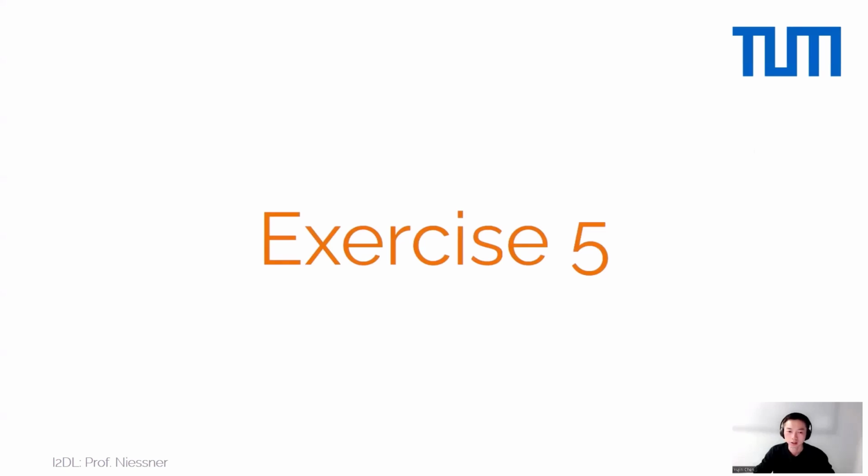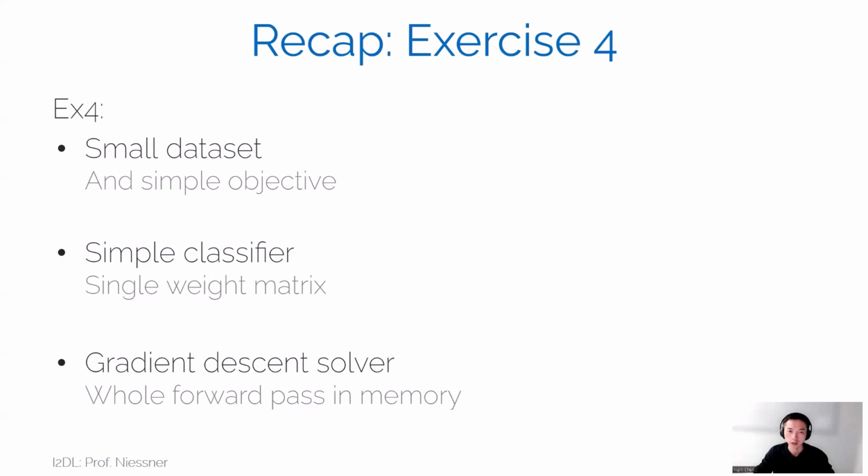So let's dive into exercise 5. First of all, we want to compare with exercise 4. Since exercise 4, you already have an idea of how to train a simple neural network like a classifier of the house pricing.